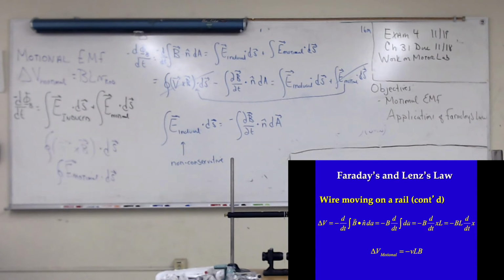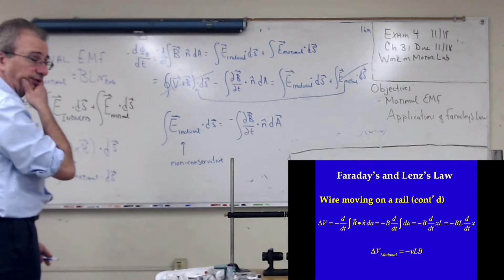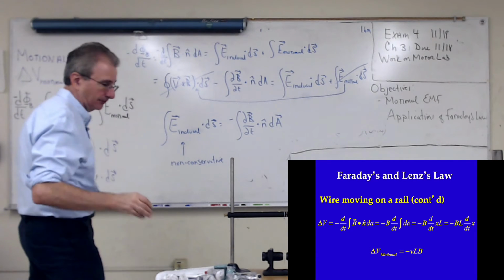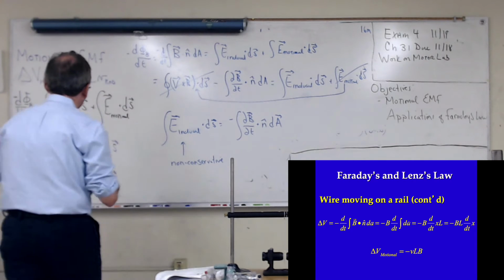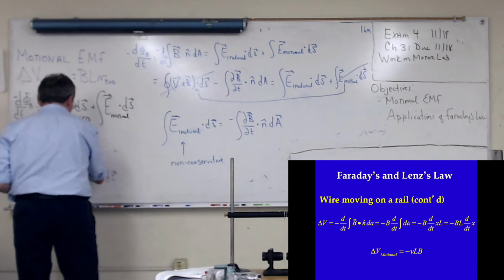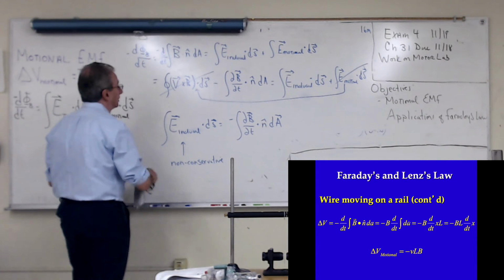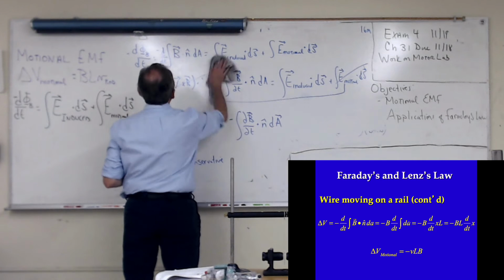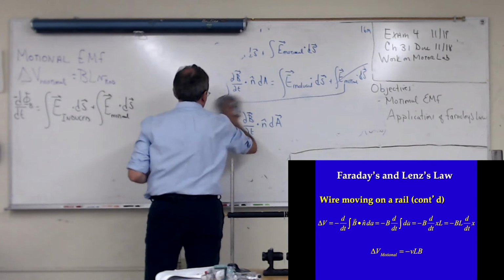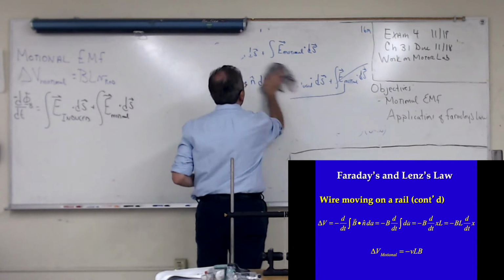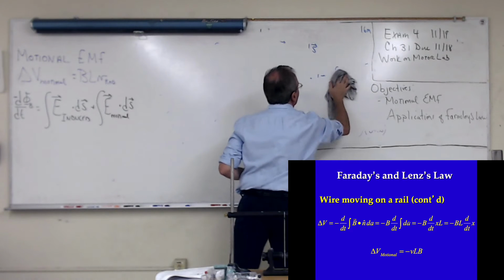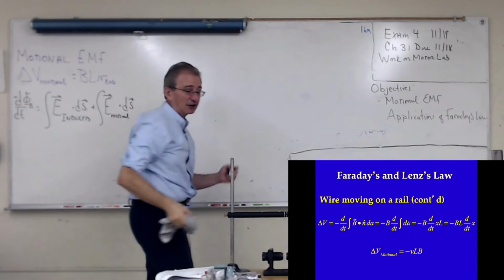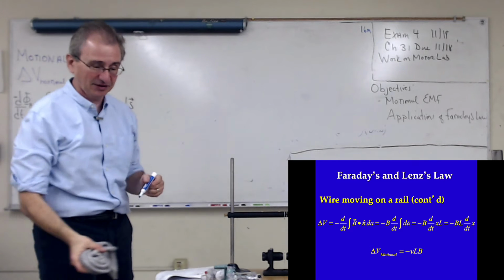Now, if we want to apply all this to the rod problem, what do we get? In the case of the rod, this term is 0. Zero because we said the field is uniform. The field is uniform. Well, it's not only uniform, it's uniform and time independent.